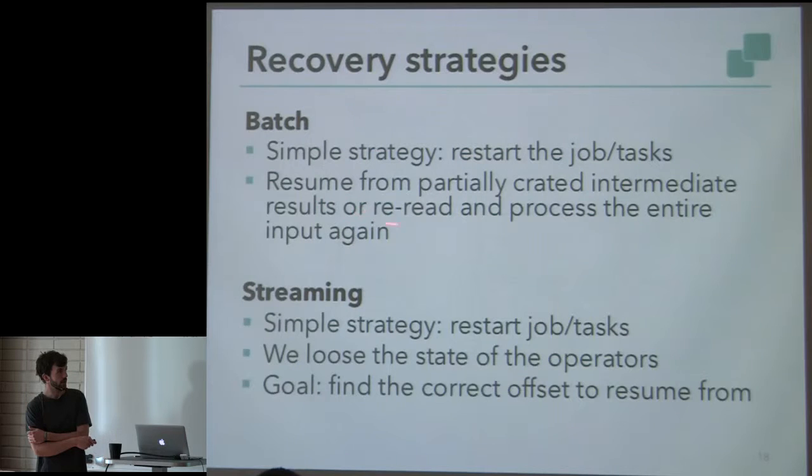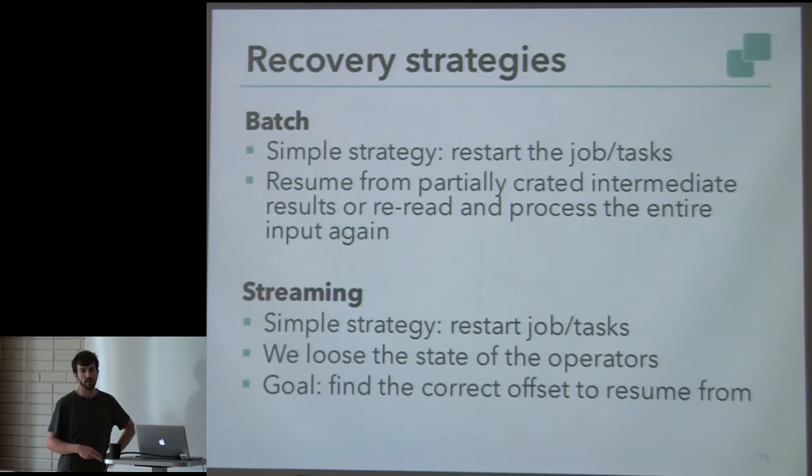We can either reread the entire input again, and it will take a little longer, but we can just restart the job, or also restart from intermediate results. But in the streaming case, it's a bit more difficult because we might read from a continuous input source where we cannot easily say start from there again.